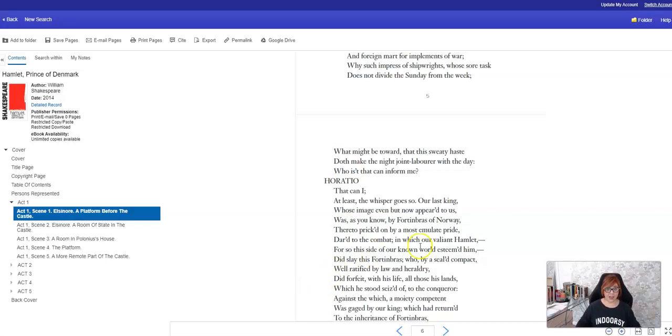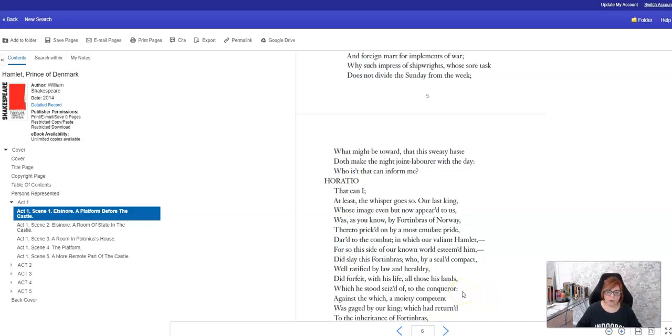All right, so we just learned that King Hamlet killed King Fortinbras. Dead. "Who by a sealed compact, well ratified by law and heraldry, did forfeit with his life all those his lands, which he stood seized of, to the conqueror.